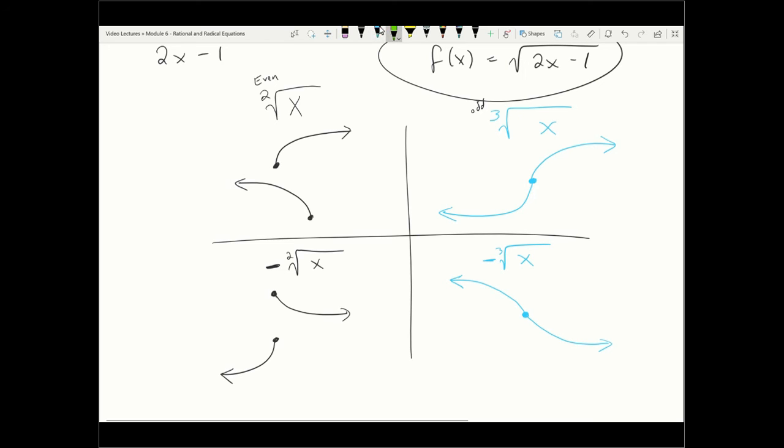So the way to remember which way these cube roots are going is this general direction that things are heading. For the even radicals, it's a little bit tougher because we would first need to figure out which direction our domain is heading in, and then we would flip it for the negative version. But for cube roots, it's easy. If this a, this value outside, is positive, then it's generally growing as we get larger. And if this a is negative, it's generally decreasing.